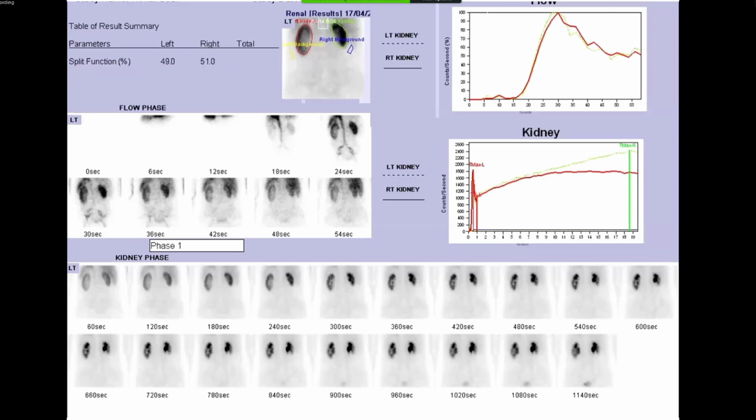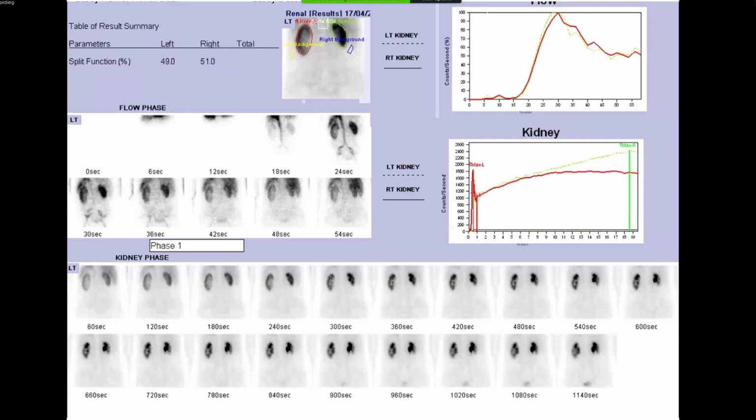Okay, sir. On the perfusion images of the renogram, it showed that there is a reduced perfusion of the left kidney in comparison to the right, and no focal defect is noted on these images.